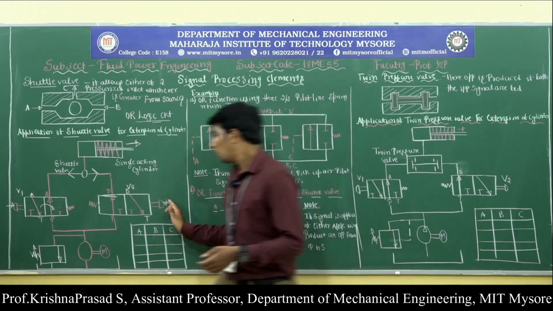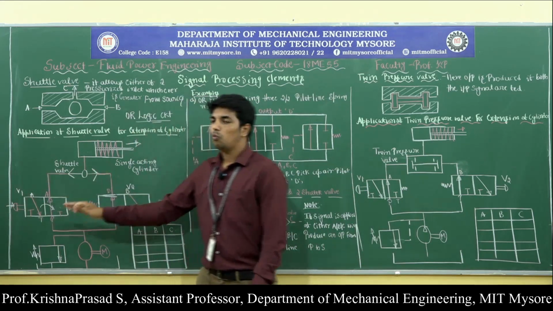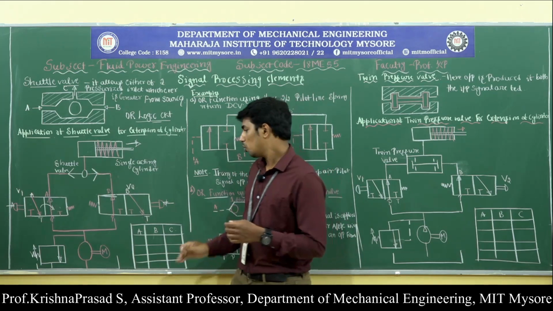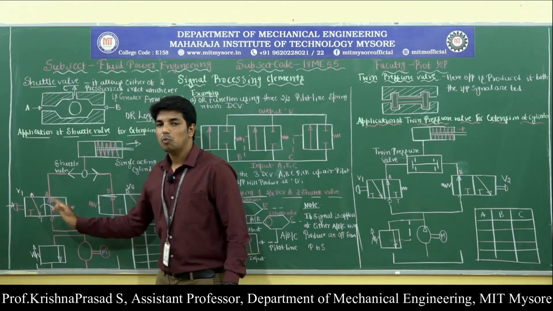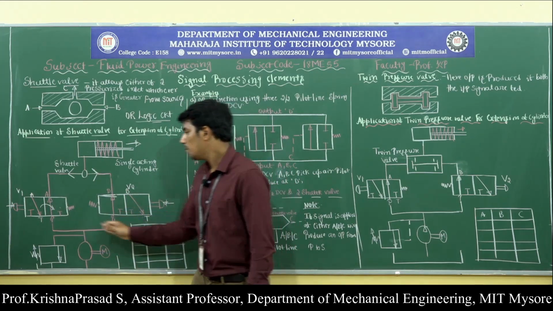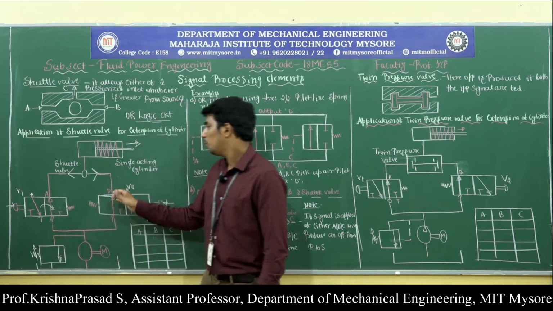Now if both valve 1 and valve 2 are operated simultaneously, then both the direction control valves are shifted to the normally open position, and compressed air will flow from P to A here and P to B here.